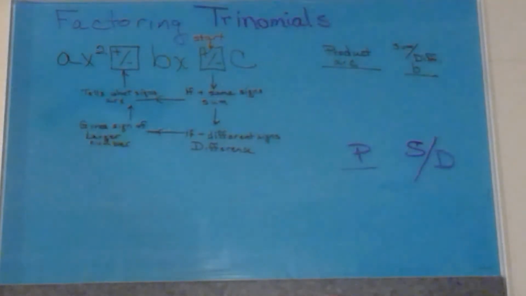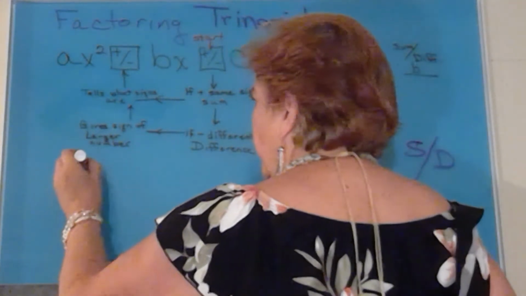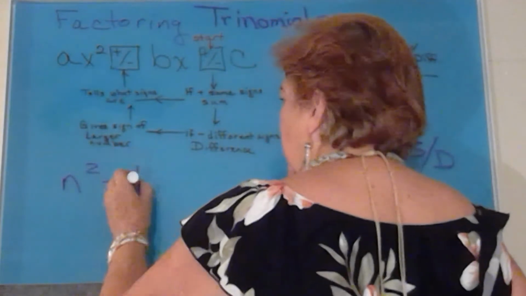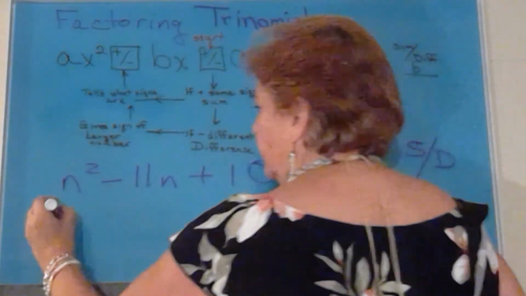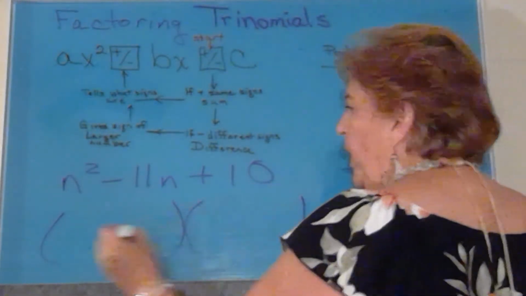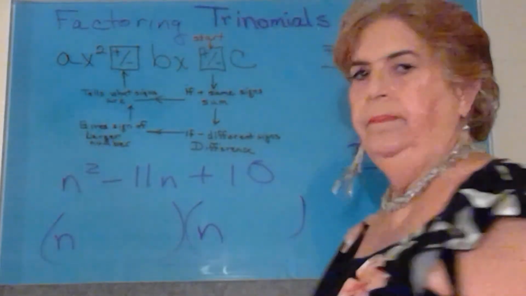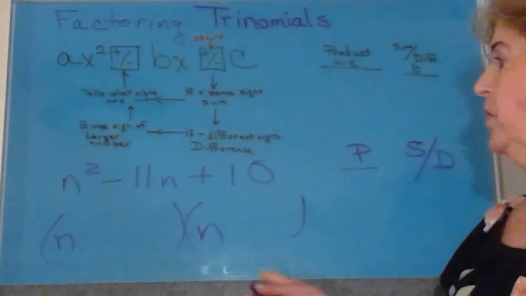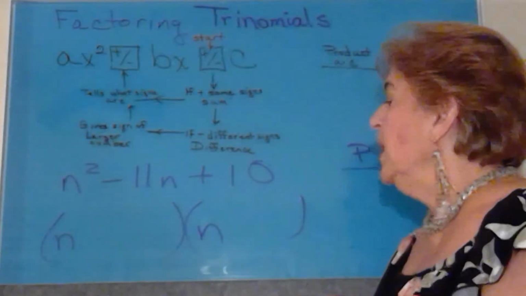And the next problem is n squared minus 11n plus 10. We can go ahead and put in n's. Again, we can do that because there's a 1 in front of the n squared.